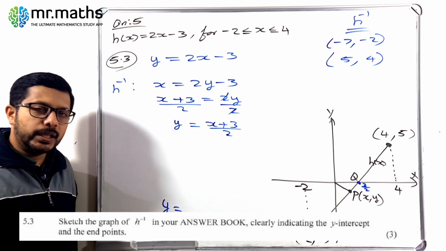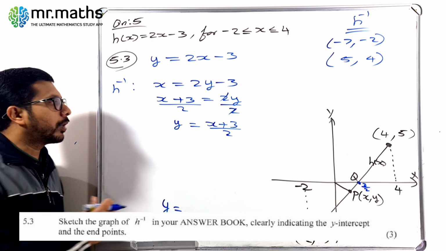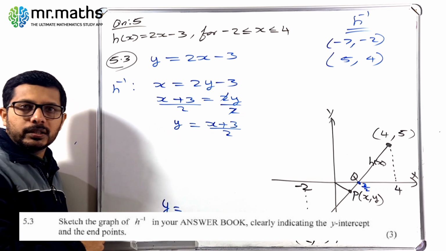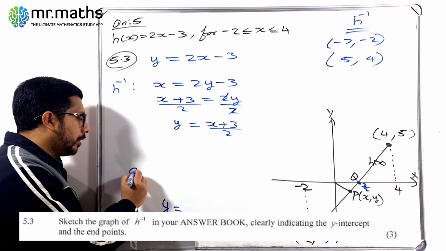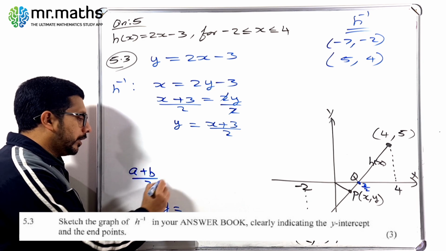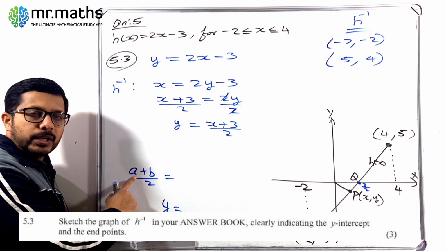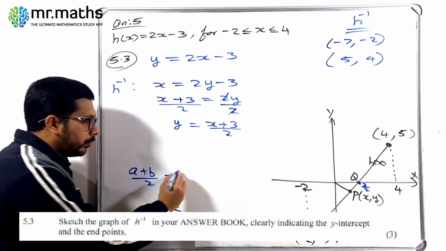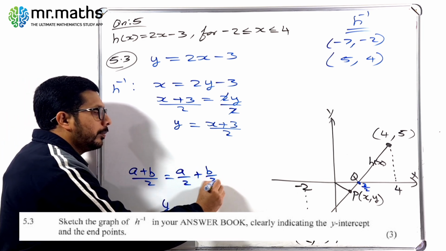Okay, so to find h inverse, what did you do? You swap x and y, then you write it in the form of y is equal to. Okay, so let me split. In small classes you studied what a plus b divided by 2 is. How can you split this one? In small primary class you studied a plus b divided by 2, that is the same as a by 2 plus b by 2.